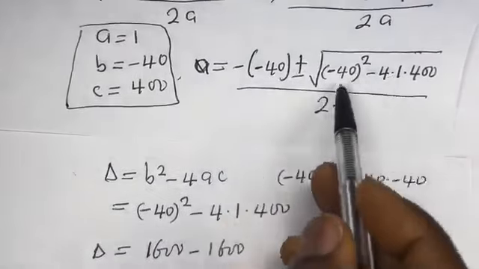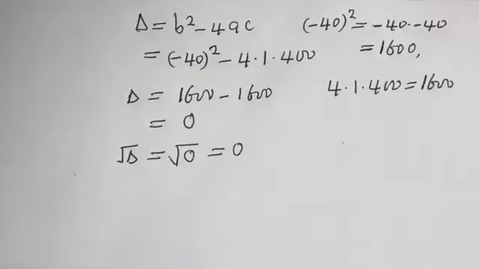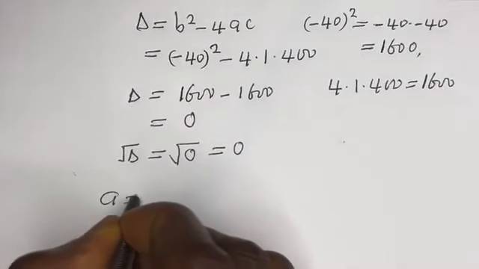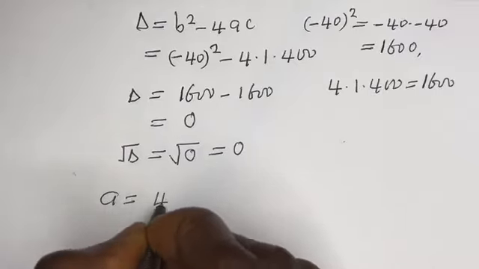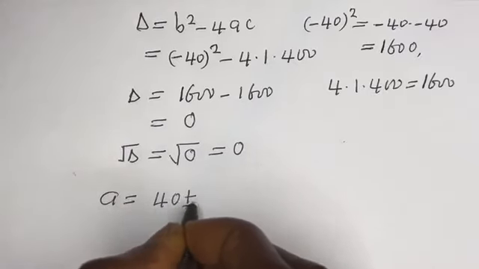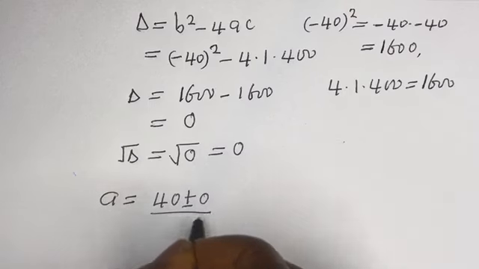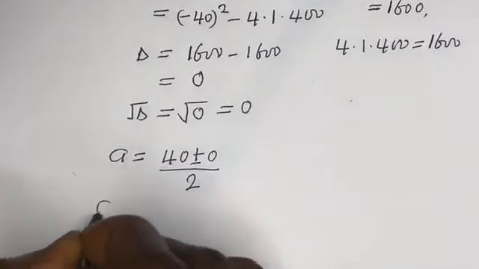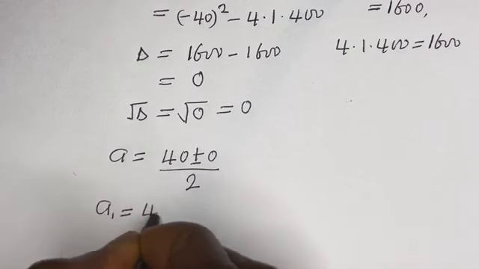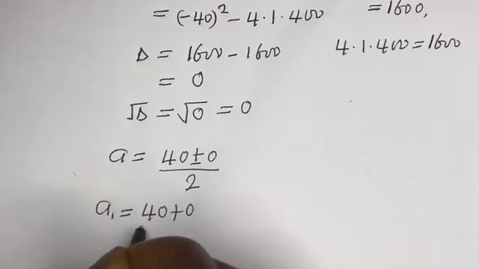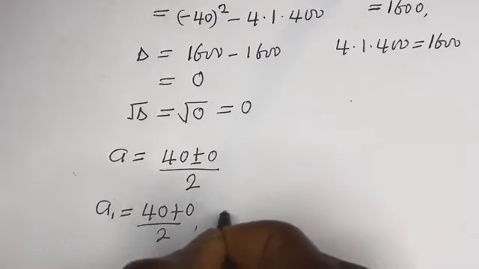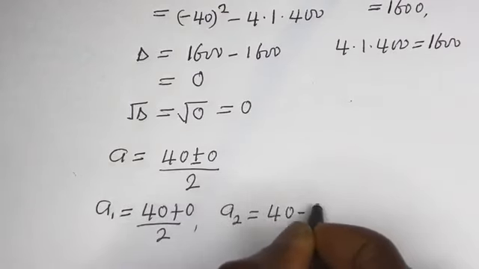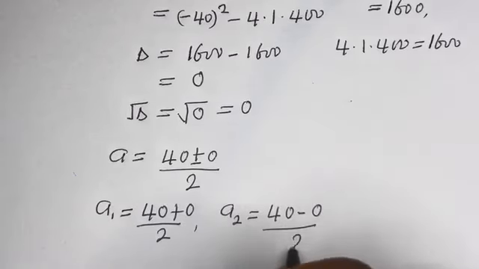Therefore, the whole of this becomes A is equal to 40 plus or minus 0 over 2. Now, A1 is equal to 40 plus 0 over 2, and A2 is equal to 40 minus 0 over 2.